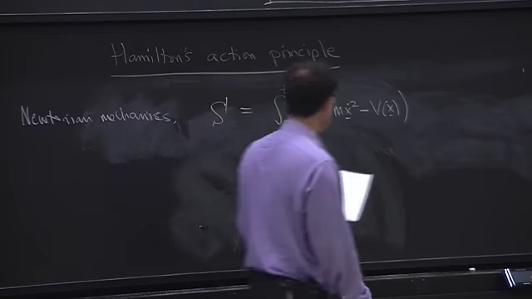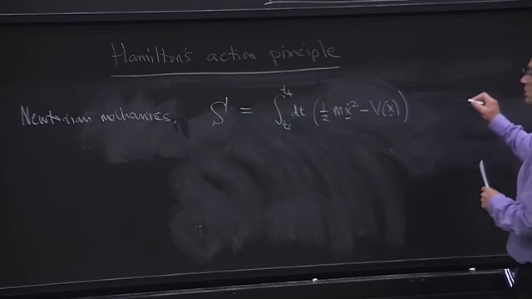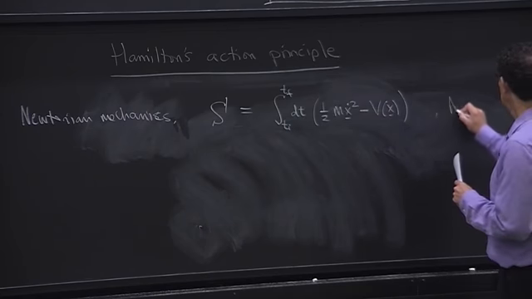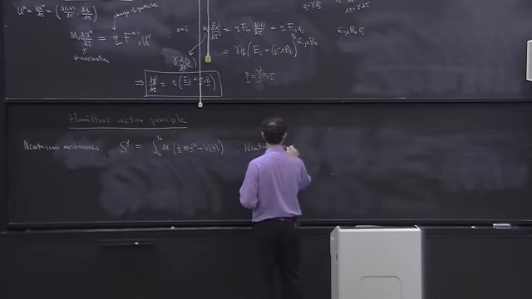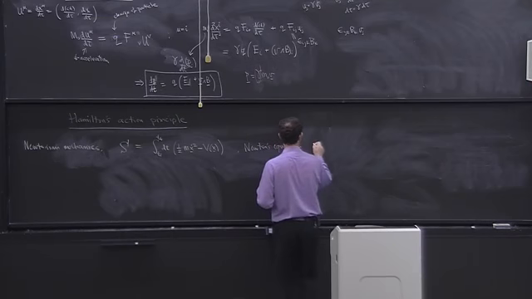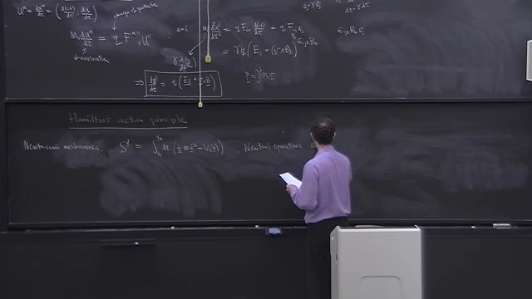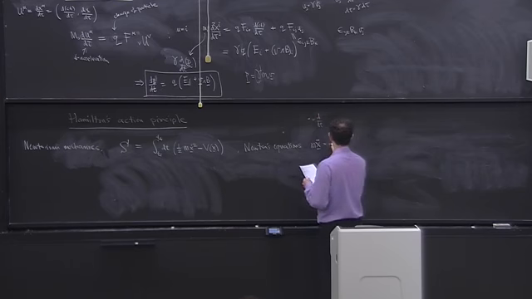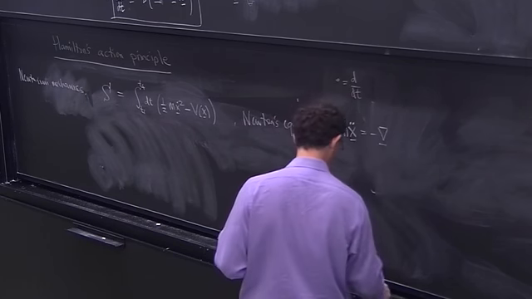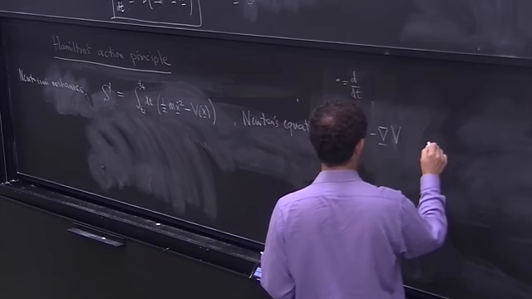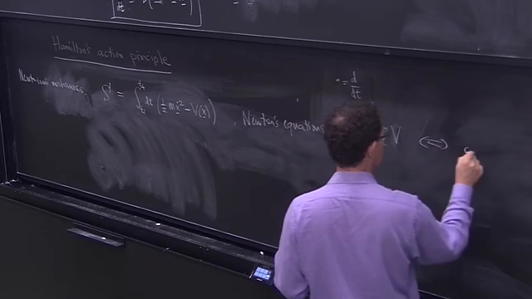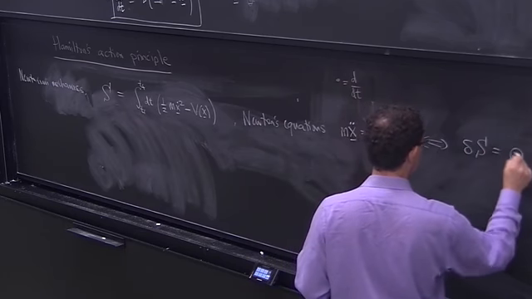And the statement is that Newton's equations, F equals ma, or m x double dot, by the way, dot is d by dt, m x double dot is minus gradient V, are equivalent to the variation of the action being 0.